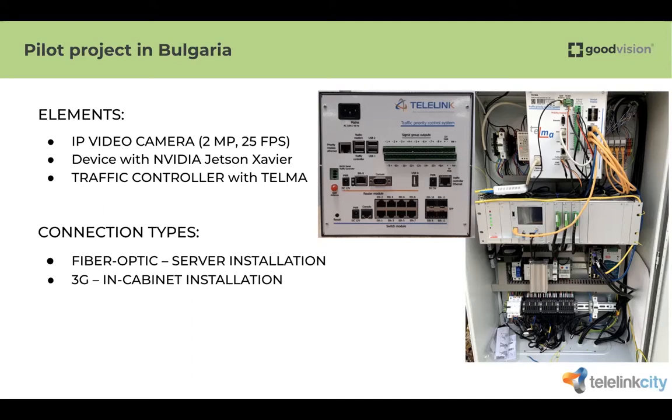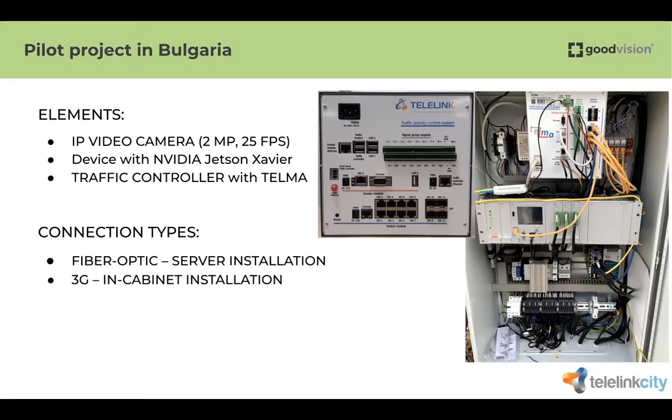In this regard, there are 2 types of connections that we usually use: a fiber optic connection between the server and the controller, or a 3G connection. We wanted to test both types of connections to see in what situation and with what available infrastructure which solution is better suited.